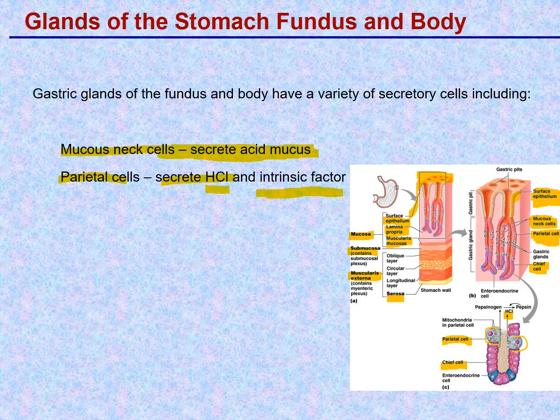Okay, there are chief cells, not only parietal cells producing hydrochloric acid and intrinsic factor, but also chief cells in the duct, which produce a protein, an enzyme, which is inactive. It's called pepsinogen. When an enzyme ends in OGEN, like pepsinogen or trypsinogen or chymotrypsinogen, there's all kinds of examples of that, it means that it's in its inactive form. The hydrochloric acid will activate it into an active enzyme called pepsin.